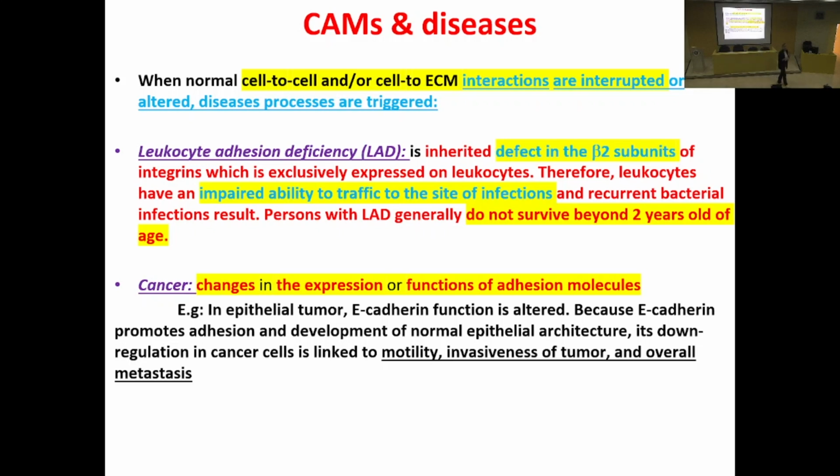Okay, there is no E-cadherin. So what will happen in these cells? They are not linked to each other. So what will they do? They will spread, and the cancer will spread to all the organs. So they become mobile, and they will invade all the body. And you have what we call the metastasis. Okay? Is it clear? Yes.